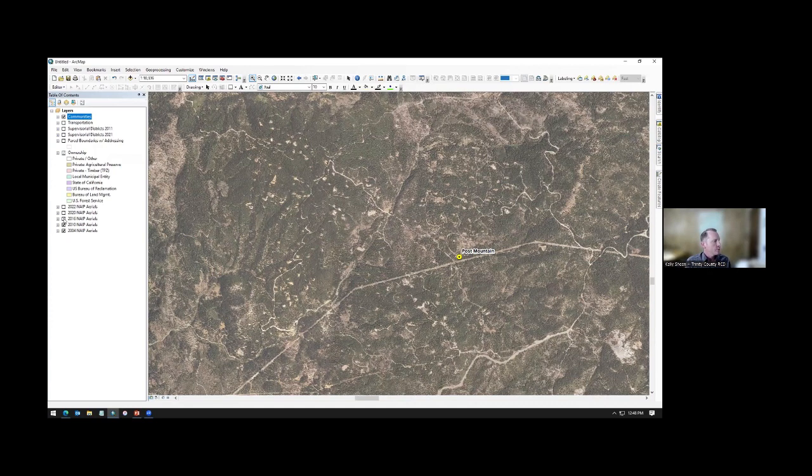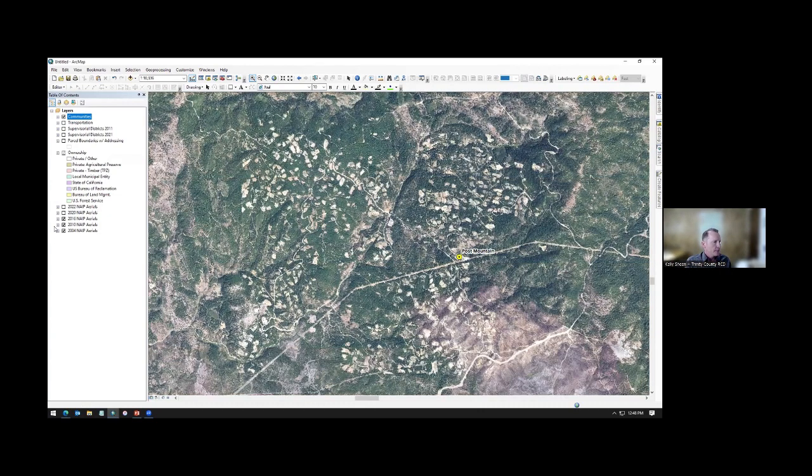But by the time the green rush really started in 2016, all of a sudden, boom, there was land being cleared en masse to create space for what we would hope are licensed cultivation sites.